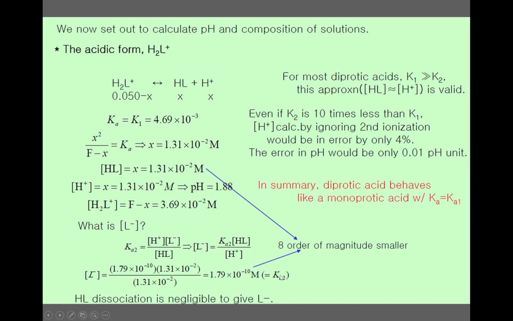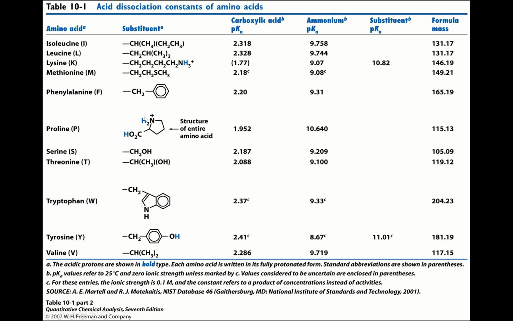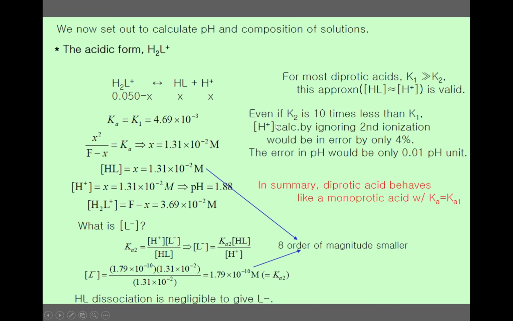Right here, about 10 to minus 10. For leucine, the first pKa is quite small, but the second one is quite large. So there is a big difference. So when we calculate pH for this form of leucine, we can only consider this first dissociation.